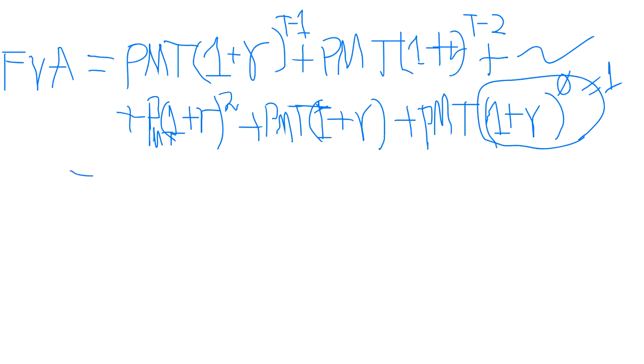Now, however, this is a very tedious way of writing it because, look, I just used an ellipsis. That means I truncated in the middle. If I didn't truncate it, I would have to write all 60 terms from T minus 1 all the way down.